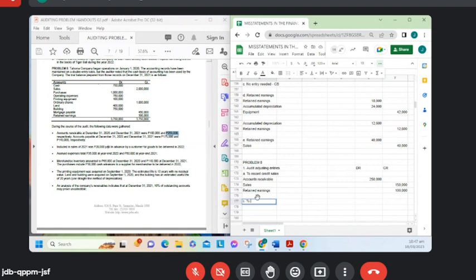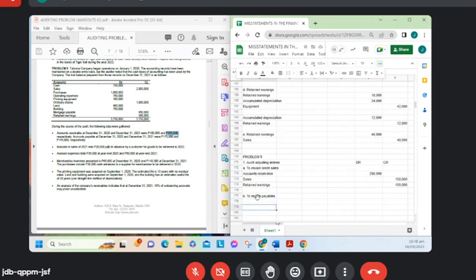To record the payables related to purchases. In 2020 there is accounts payable of 175,000 pesos and 140,000 pesos at the end of the year.